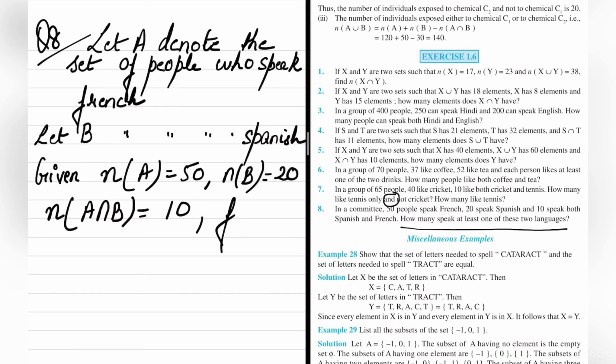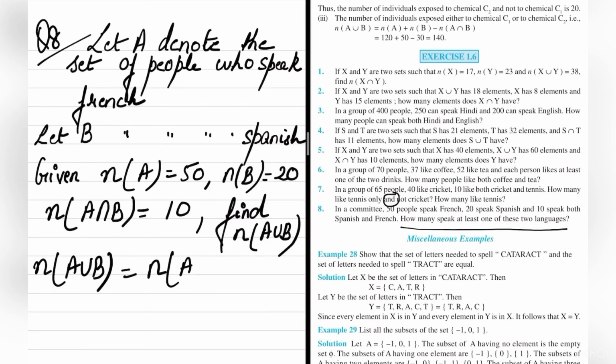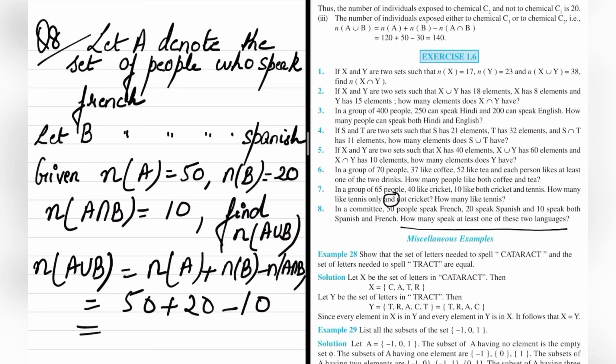And what you have to find is the number of elements in A union B. Using formula 2, the number of elements in A union B is equal to, just plug in the values, 50 plus 20 minus 10. So this is equal to 70 minus 10, which is 60. So 60 people speak at least one of the two languages.